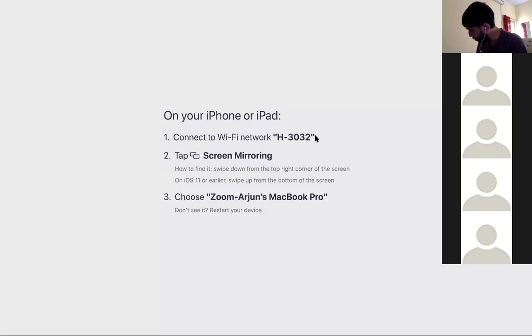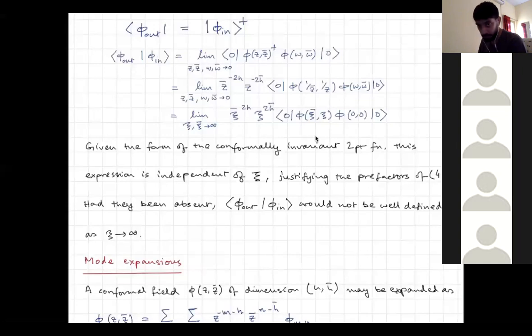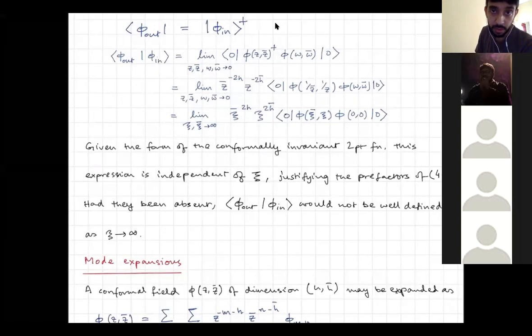It seems that my internet is not great. Hopefully you can see my screen again. I can't seem to go forward or back here. Just give me a second, please.